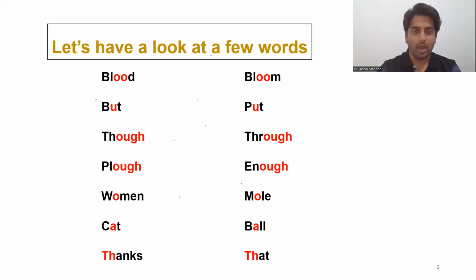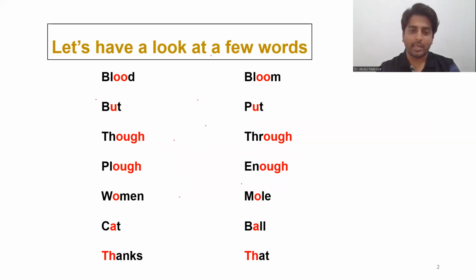Now again, in plow, o-u-g-h gives the ow sound, plow, but in enough, e-n-o-u-g-h, it is a. And now, see here, in women, the letter o gives the sound e, women, but the same letter o in mole gives the sound o.